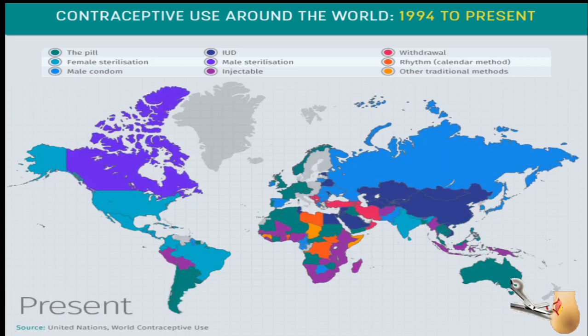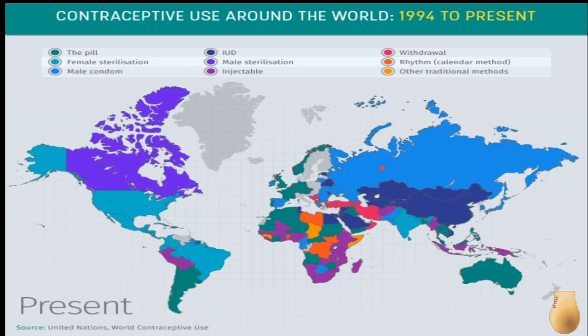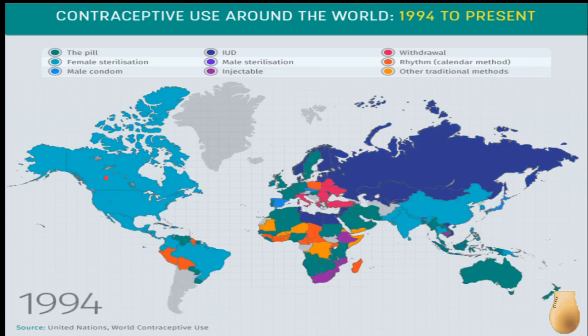Compare, suppose if you see Russia in 1994, the majority of them are using IUDs, but right now, you can see they are opting for male condoms. You can see even in the USA, once they used to be using IUDs, right now they are going for male condoms.